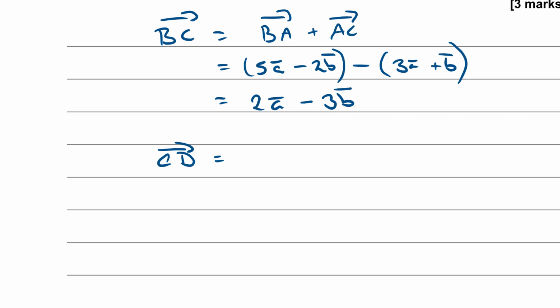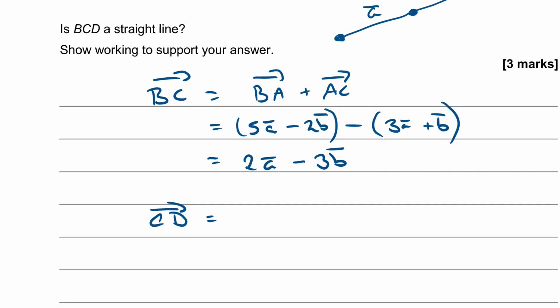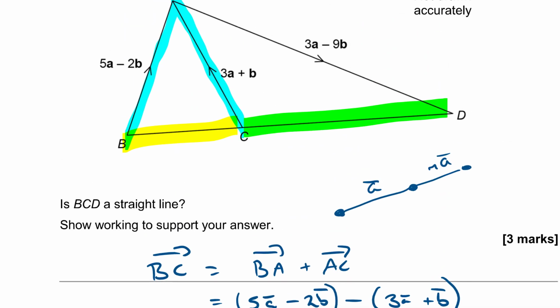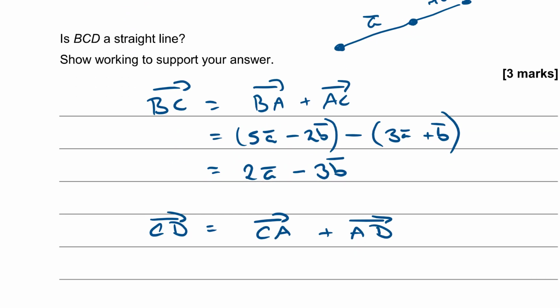So C to D is 3A plus B, well, let's go from C up to A, and then from A down to D. Okay, so we're going, oh, I've still got my pink highlighter, this way and then this way. Okay, so 3A plus B plus 3A minus 9B. They're both positive, aren't they?